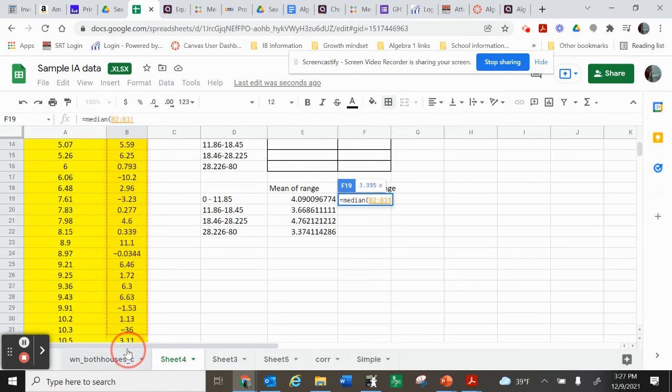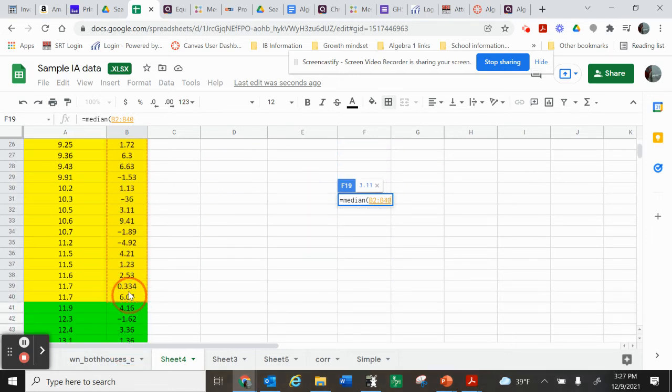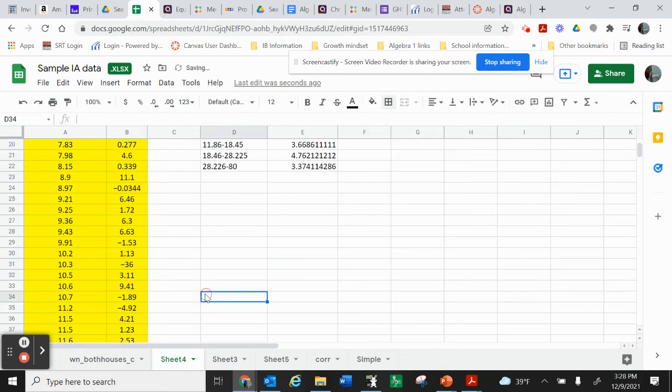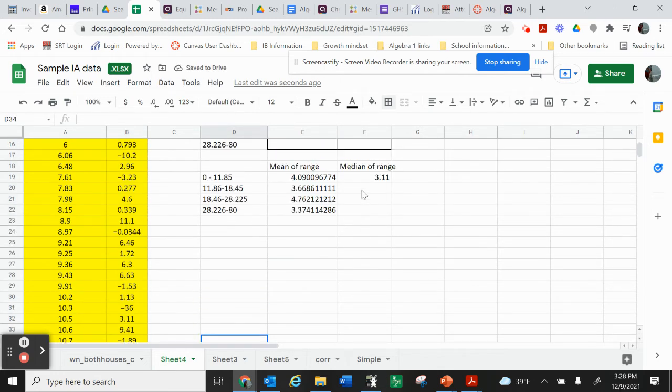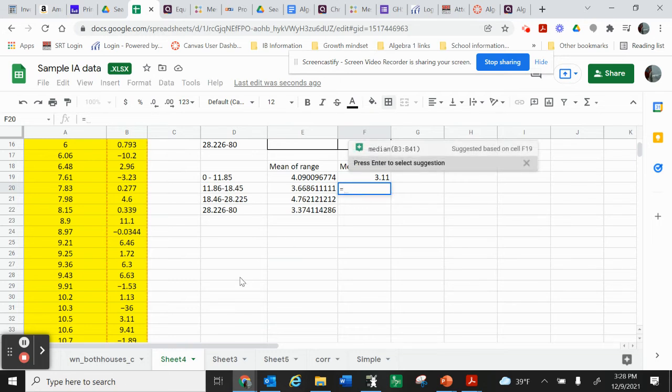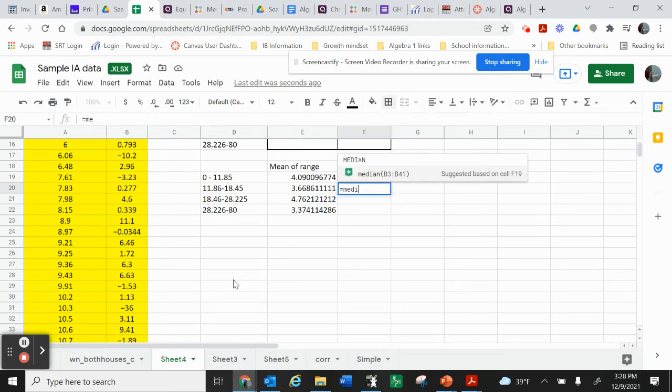Because you have so many data values, sometimes it's helpful to break it down in a little bit smaller way, and then it gives you more to write about.